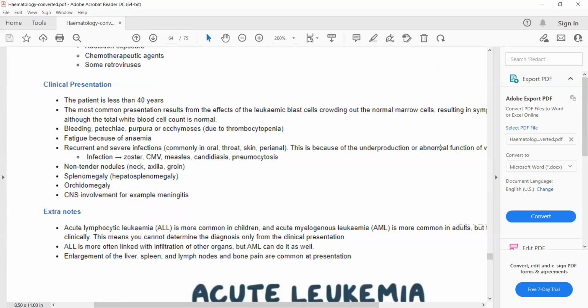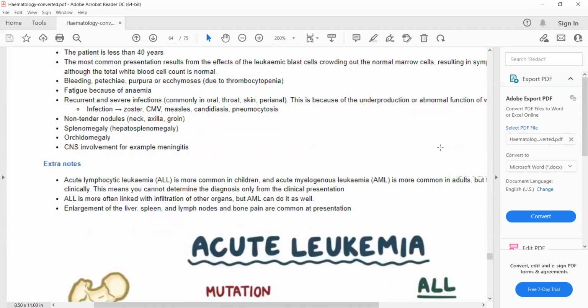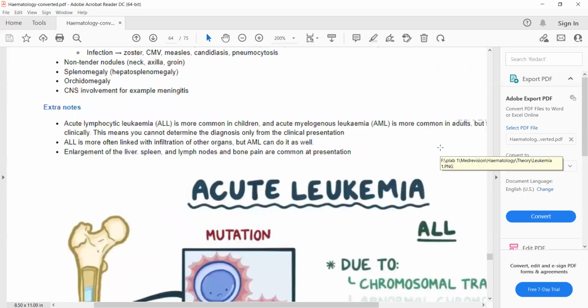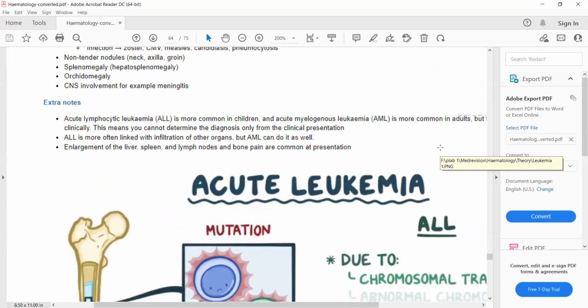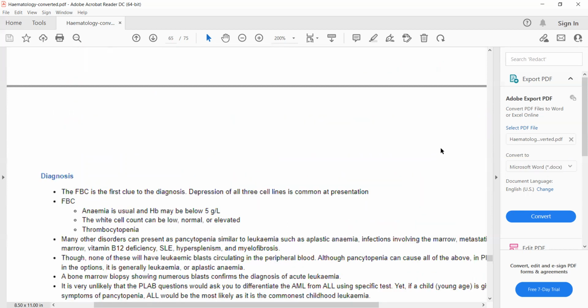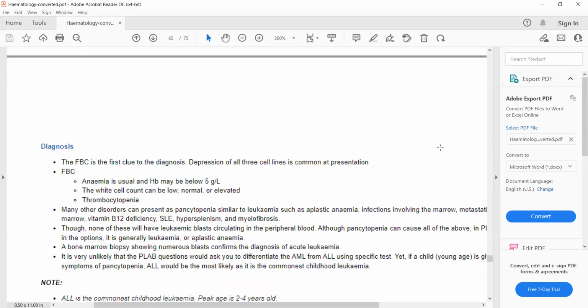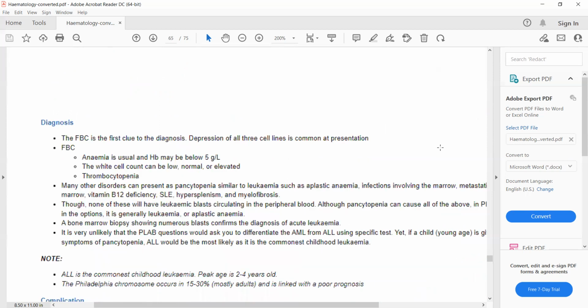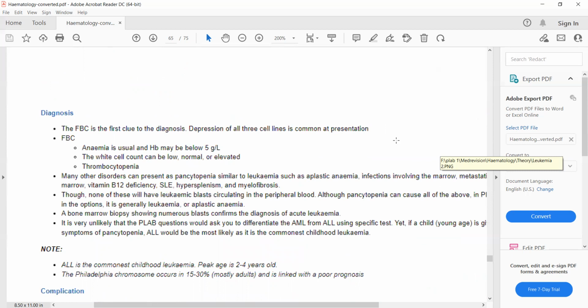Because these lymphoblastic cells can infiltrate the lymph nodes, liver and spleen, there can be lymphadenopathy and hepatosplenomegaly. So the initial investigation includes full blood count, and it will show pancytopenia. Remember that many other disorders can cause pancytopenia. The most important one that you need to remember for PLAB 1 is aplastic anemia.